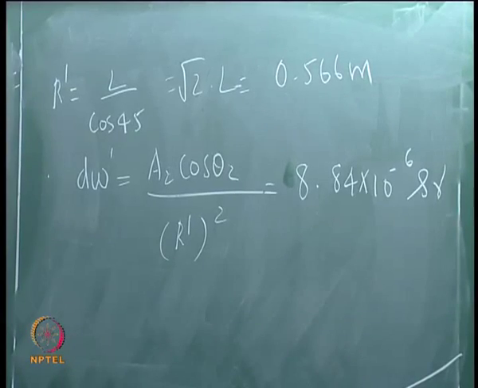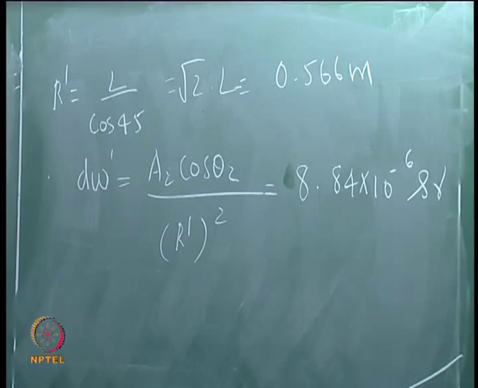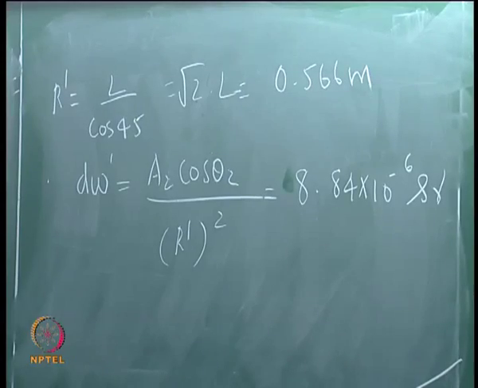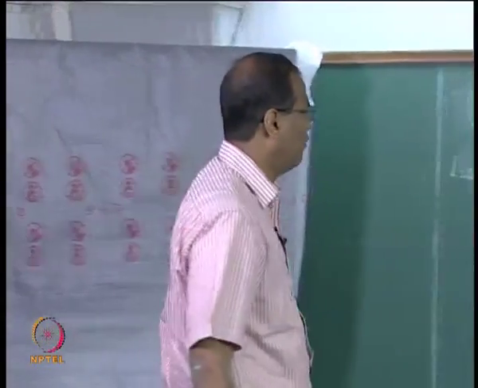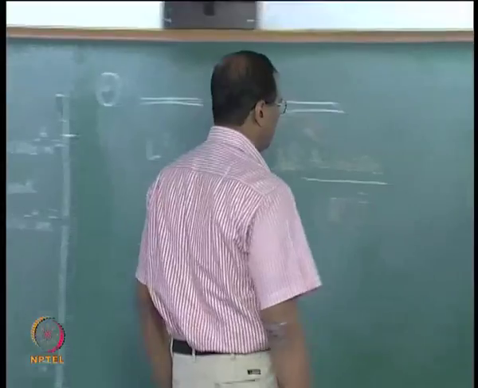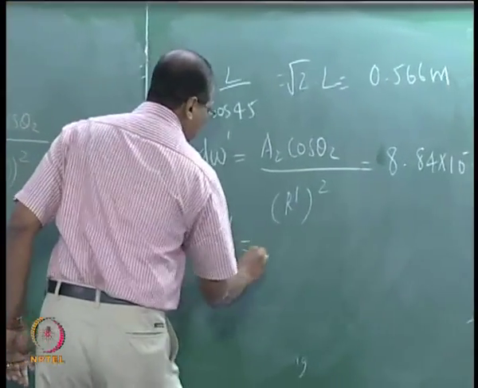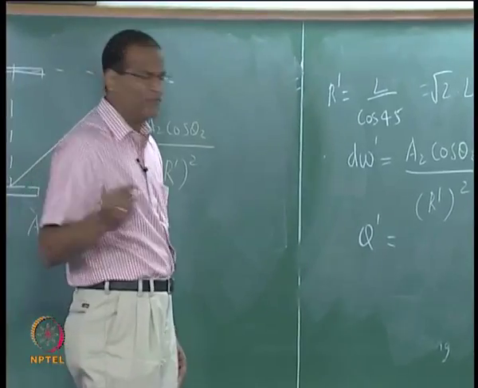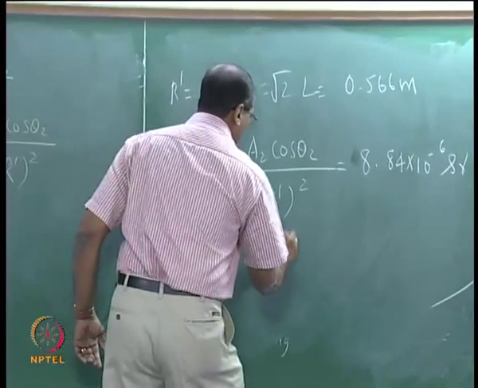Rajesh, you are able to get it? Samarjit? Okay. Leo, you are able to get it? Okay. Now, what do we do? Q equal to Q dash. Now what is given? 1.46 into 10 to the minus 7.